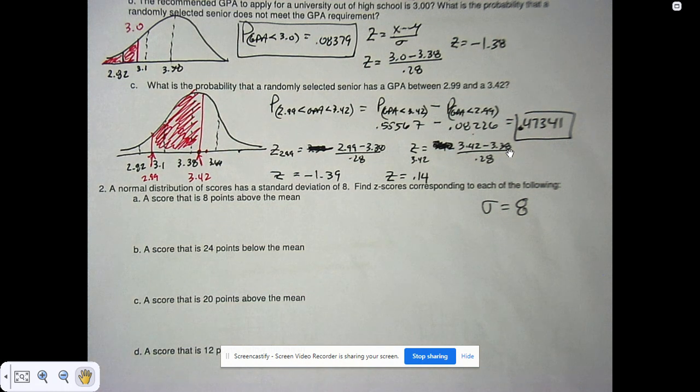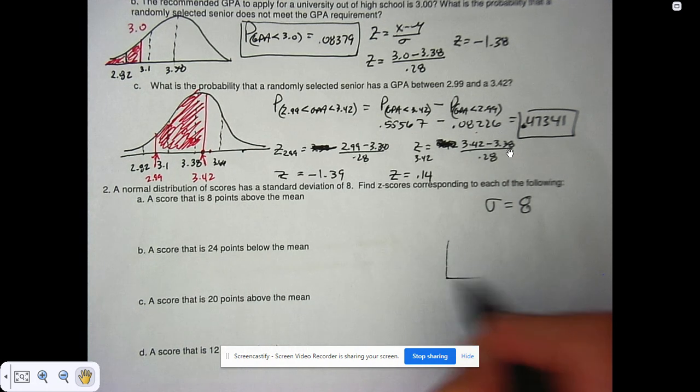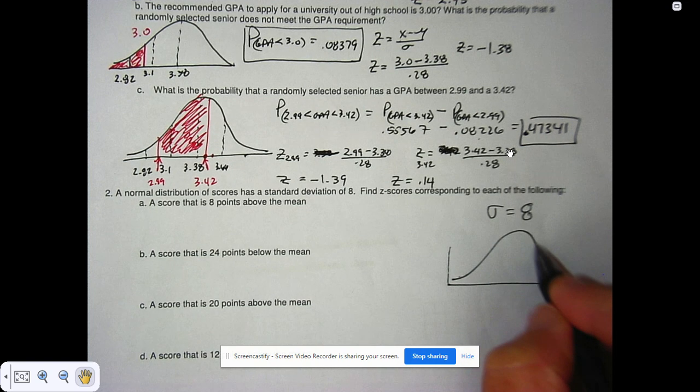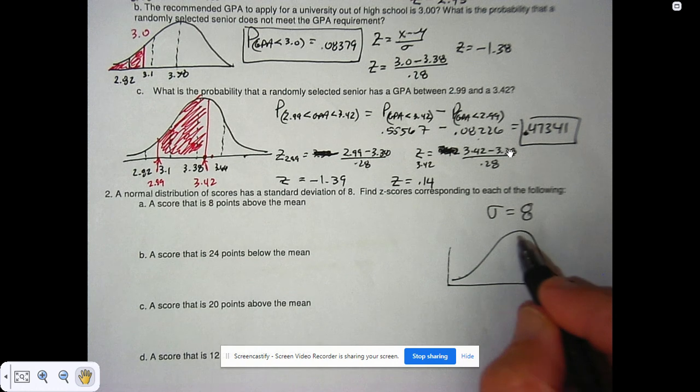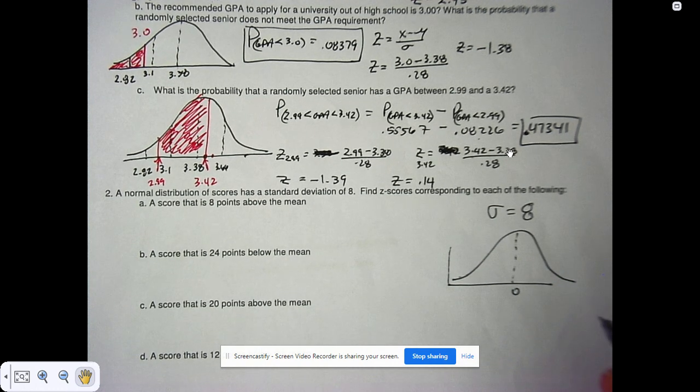A score that is 8 points above the mean. Let's do it this way. Let's say our mean's at 0. Just make the calculations.